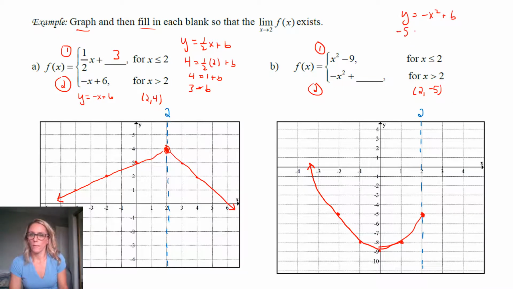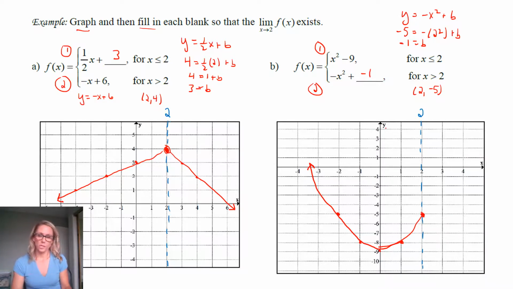So we can do negative 5 equals a negative, and then 2 squared, plus b. So you're going to have a negative 2 squared, that's 4, times negative 1 is negative 4. So we're going to take that negative 4 and add it to the other side, so negative 5 plus 4 is negative 1. So we get our value, negative 1.